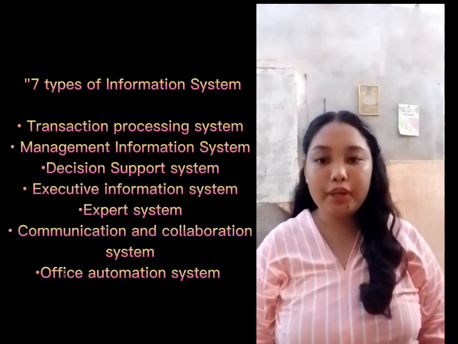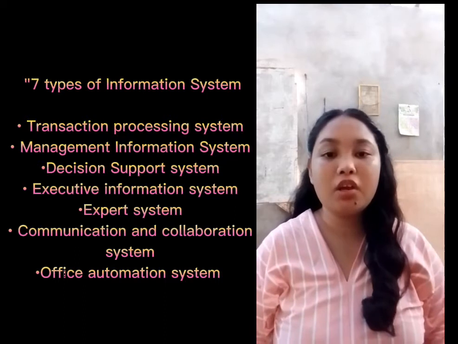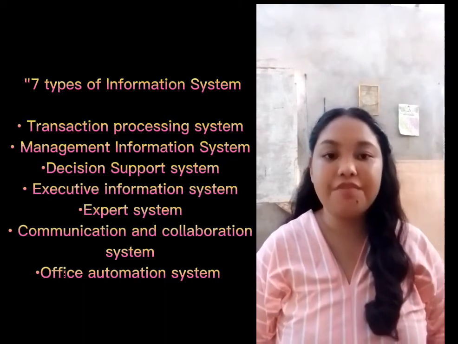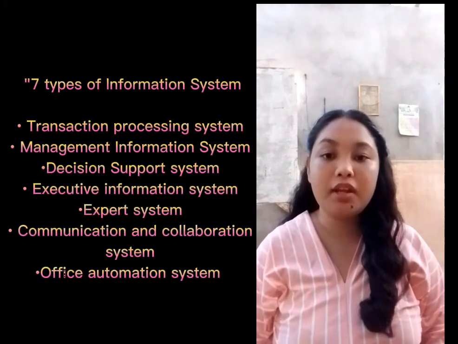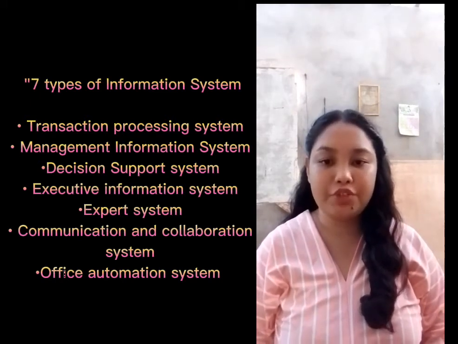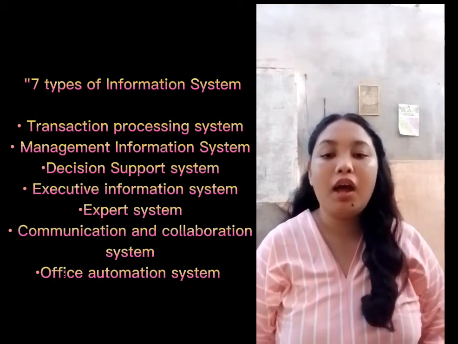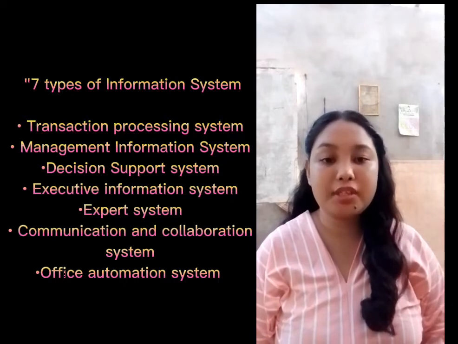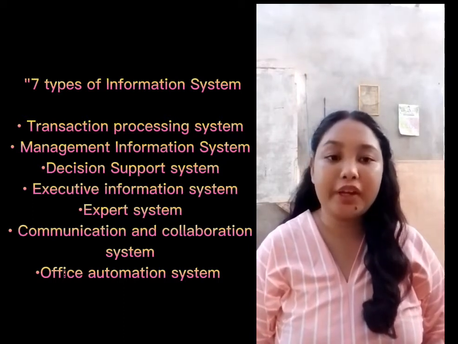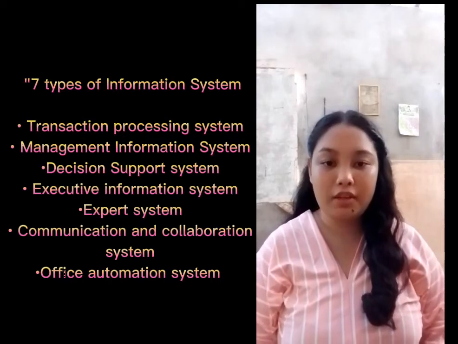The fourth one is the Executive Information System, or EIS. An EIS is an information system that supports the planning and assessment needs of executive managers. The fifth one is the Expert System. An expert system is an information system that captures the expertise of workers and then simulates the expertise to the benefit of non-experts.